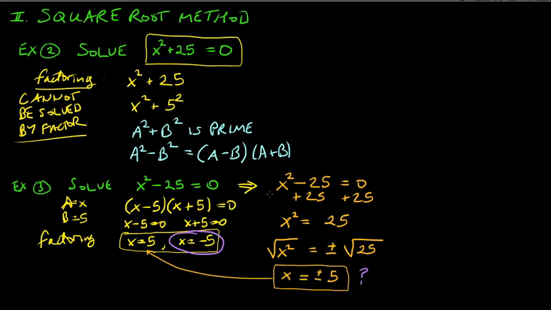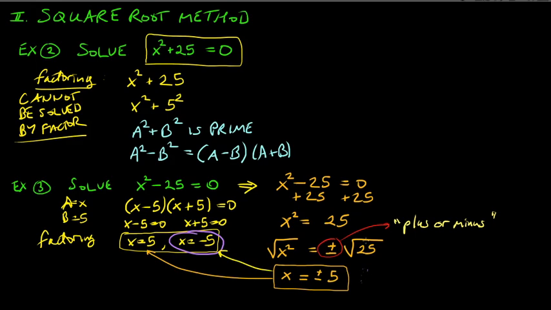This symbol here, we're going to read as plus or minus. It can be a plus or it can be a minus sign. This is just a convenient shorthand, so it's no longer a question. This is correct. We get x equals positive 5 or negative 5.